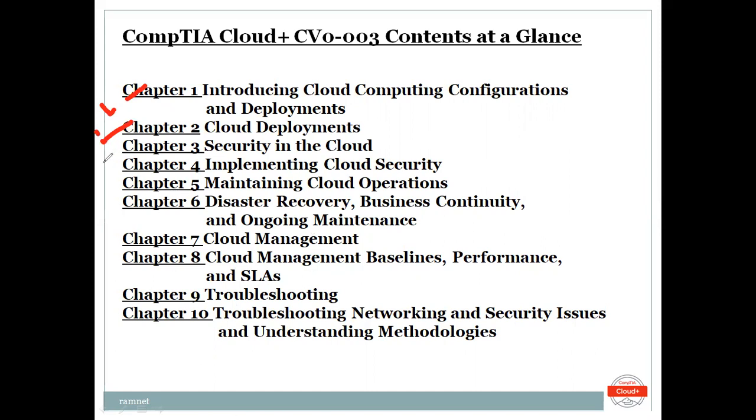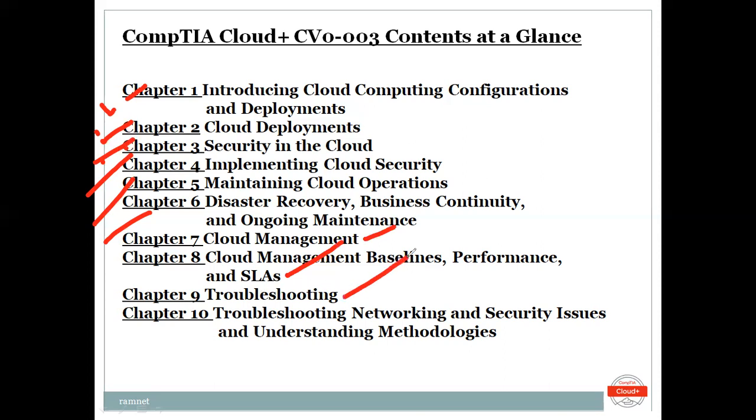Chapter 3 is security in the cloud. Chapter 4 is implementing cloud security. 5 is maintaining cloud operations. Chapter 6, disaster recovery, business continuity, and ongoing maintenance. Chapter 7 is talking about cloud management. And 8 is talking about cloud management baselines, performance, and SLAs, service level agreements.